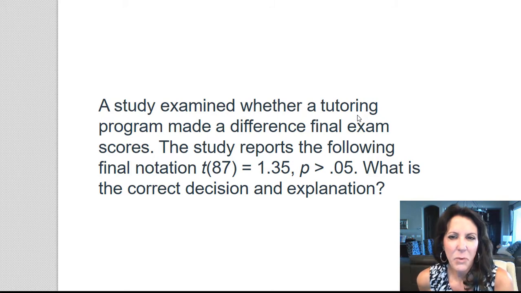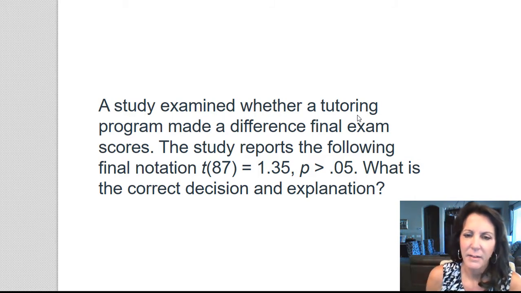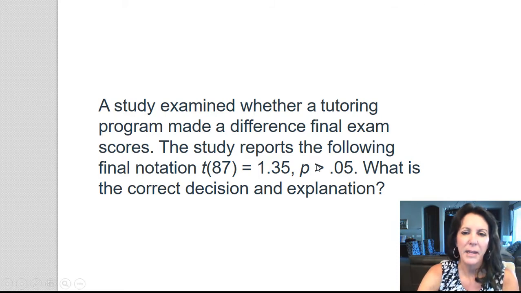A study examined whether a tutoring program made a difference in final exam scores, and here's the statistical notation for it. What is the correct decision and explanation? Well, the correct decision here is fail to reject. How do I know that? That's because my probability is greater than 0.05.